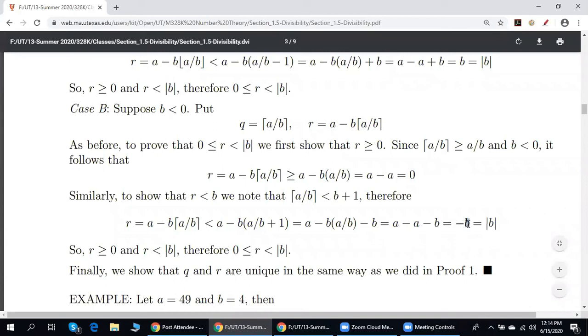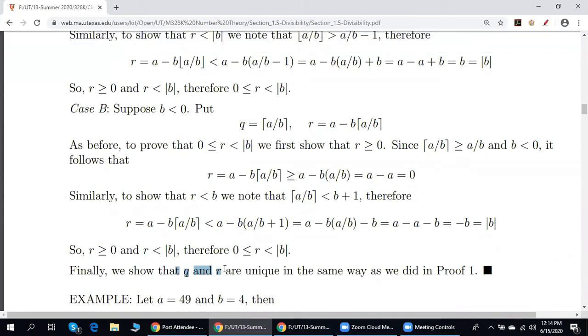Therefore, negative b is equal to absolute value of b. So r is greater or equal to 0, r is lesser than absolute value of b, therefore r satisfies this double inequality. Lastly, we prove uniqueness in the same way as in proof 1.